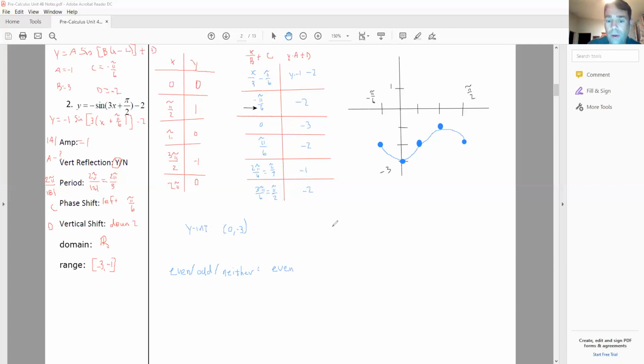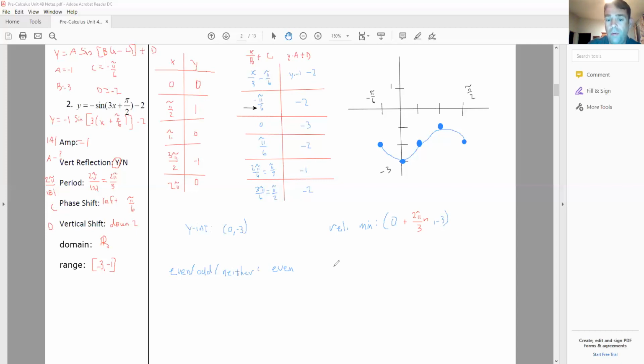My relative min, so I'm finding that smallest value. In this case, that smallest value is at 0, -3. So 0, and then I'm going to add my period. So my period was 2 pi over 3. So 2 pi over 3n, because this will go forever, and -3.